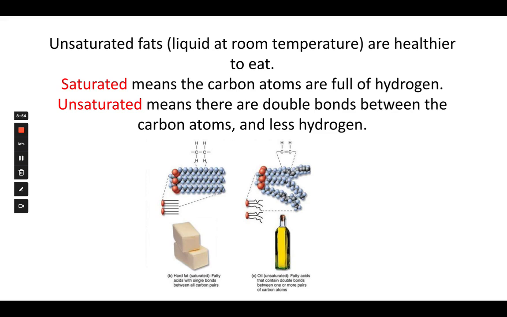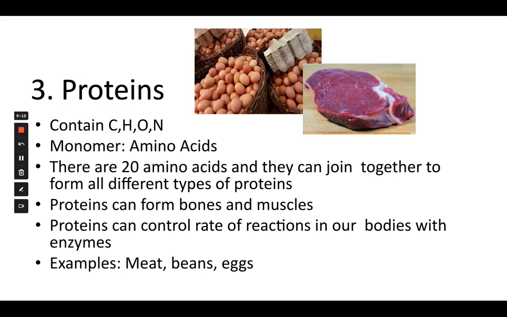And the fact that there's less hydrogen on the bonds already there makes it a healthier fat for you to consume rather than if it's all saturated and the carbon is already full. And this really just has to do with what your body does, it breaks down the fats for energy.